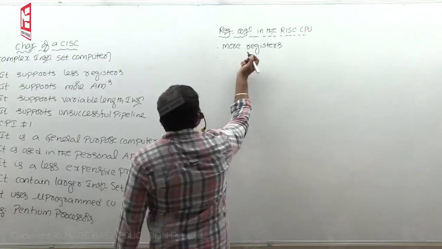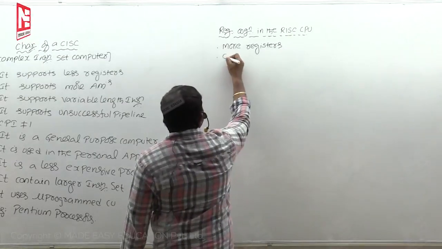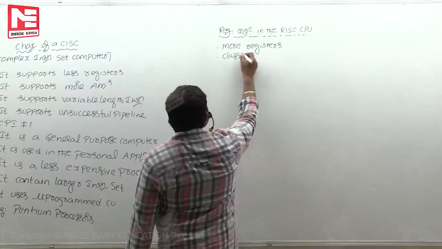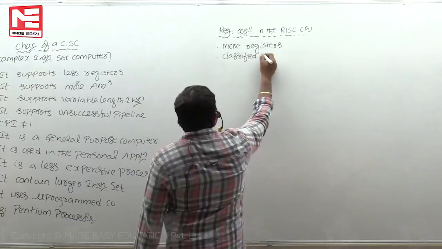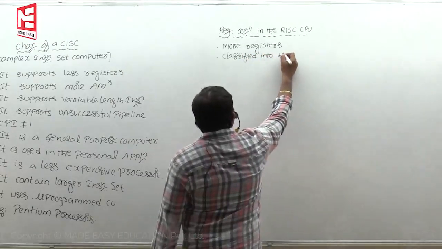Second point is that RISC processor registers are classified into four groups.